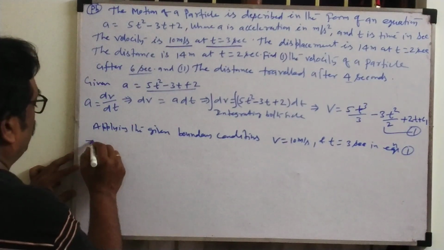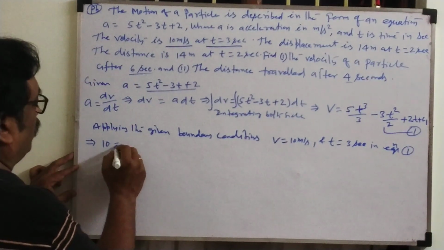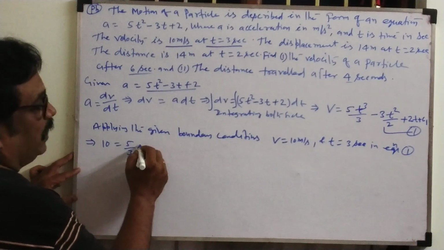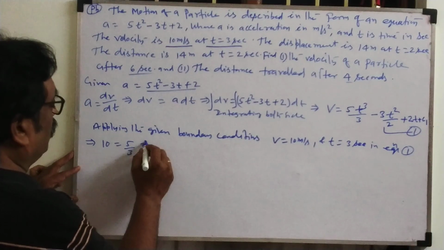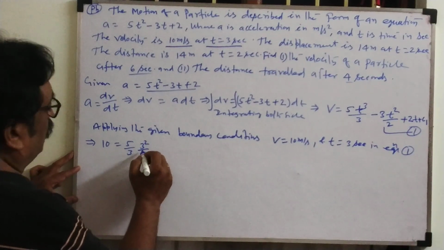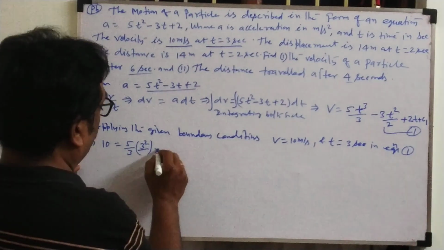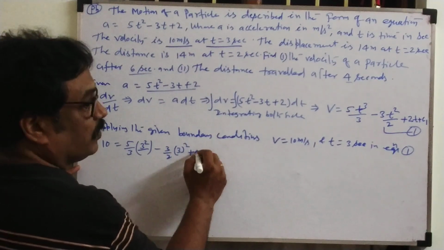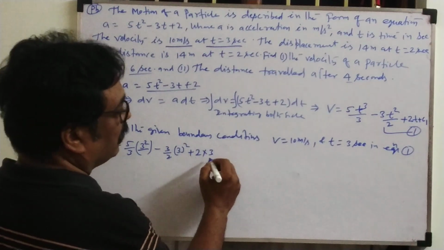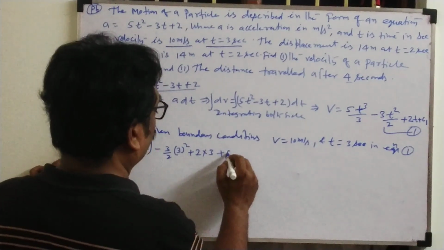What is the velocity here in equation 1? 10 equals 5 by 3 t cube, with t equal to 3, so 3 cube, minus 3 by 2 times 3 square, plus 2 into 3, plus some constant c1.